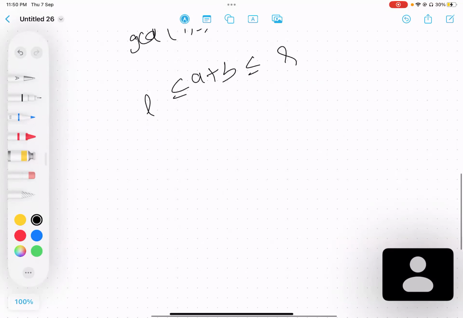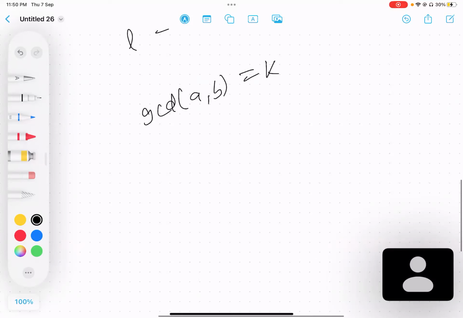So what I told is, let's assume that the GCD of a, b is equal to k, right? Now, if the GCD of a, b is equal to k, we can write a equal to a dash k, and similarly, we can write b equal to b dash k, right? Because since the GCD is equal to k, k is a divisor of both a and b, right?